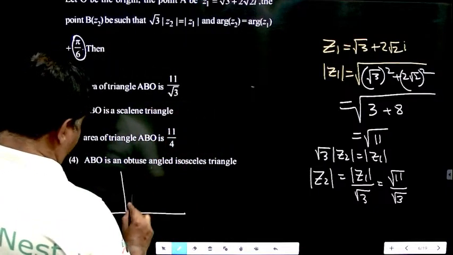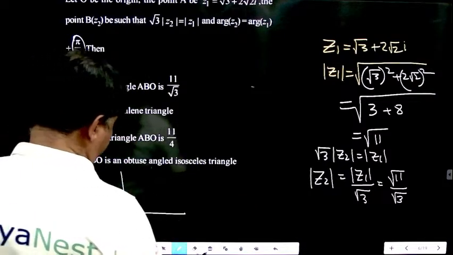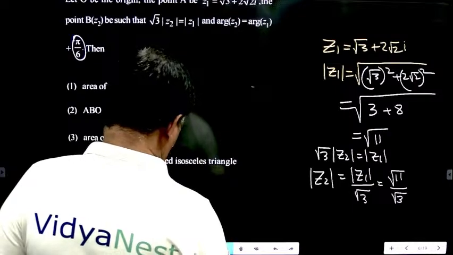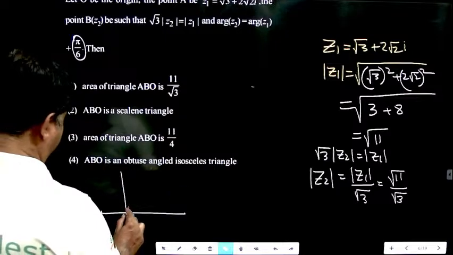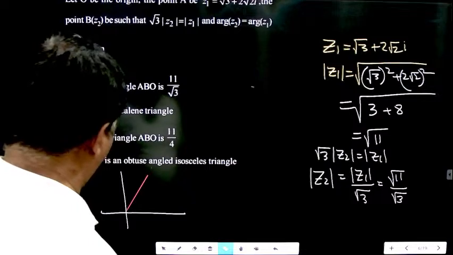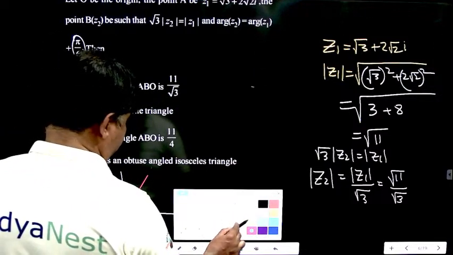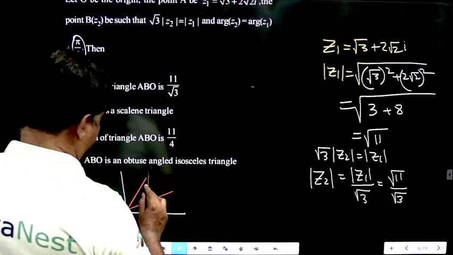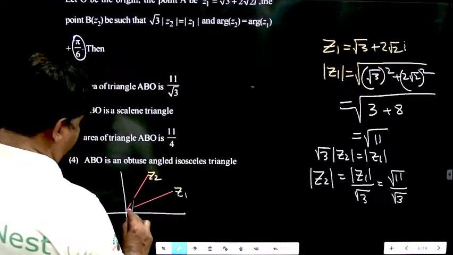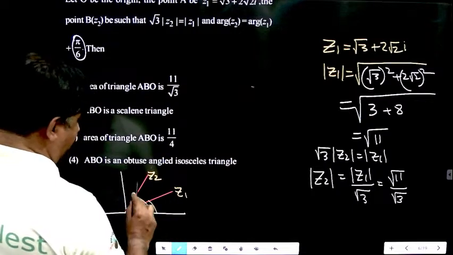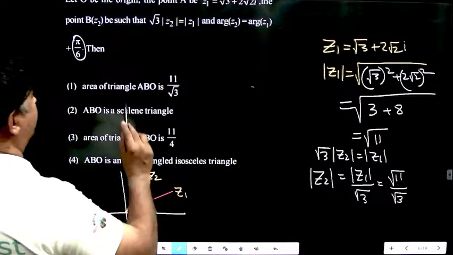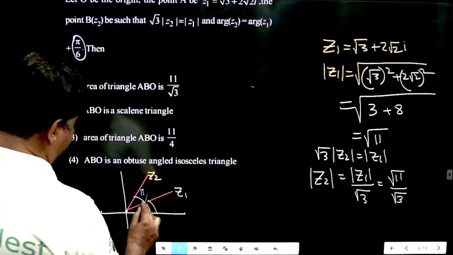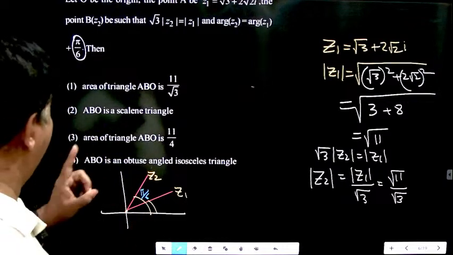So if this is Z2, this is Z2 and Z1. Z1 subtends one angle, Z2 subtends another angle, and the angle of Z2 is pi by 6 more than Z1.